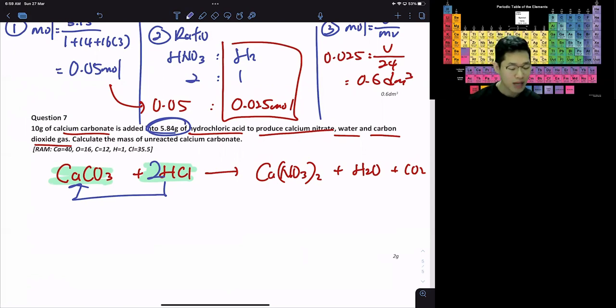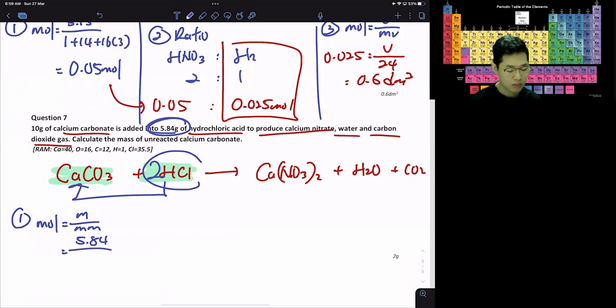First, start from HCl. They give you mass, so I use mole equals mass over molar mass, and I got 0.16 mole.